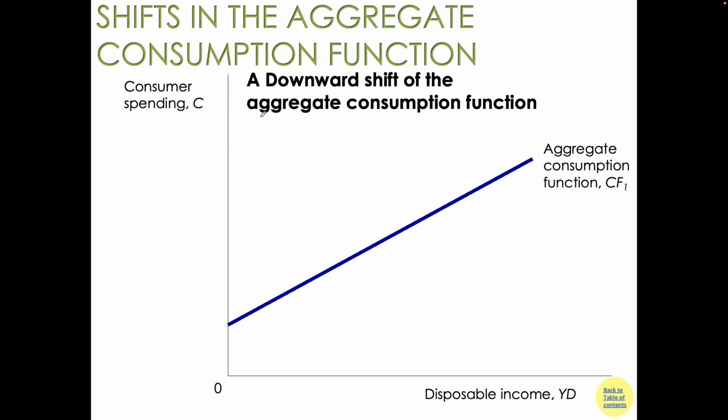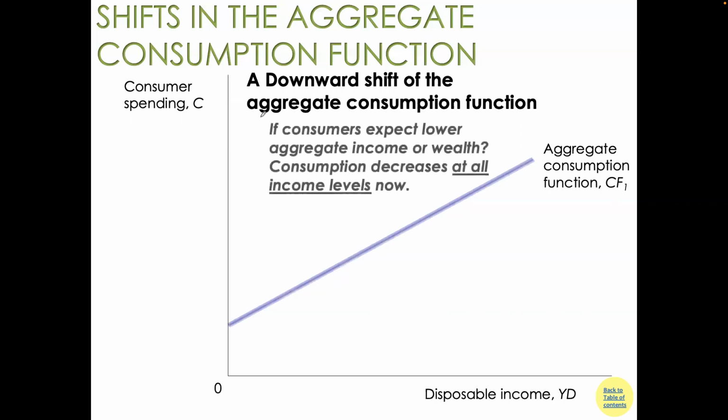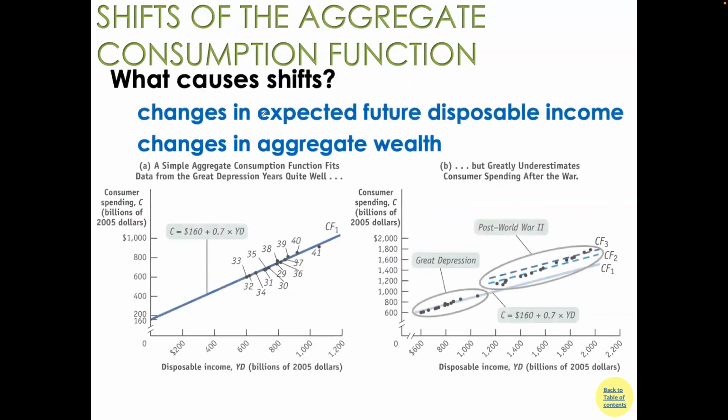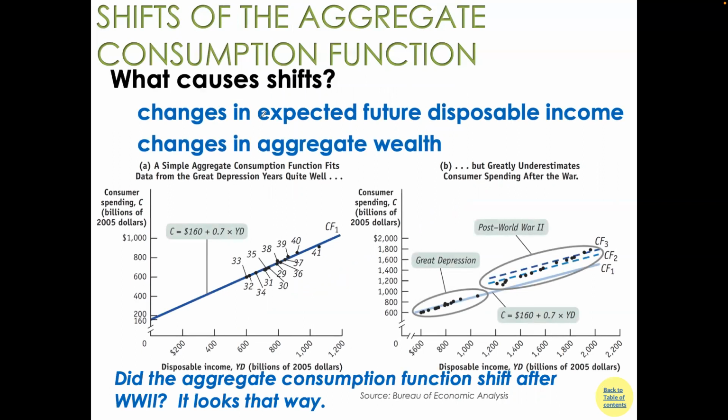Move up or move down? Move down, right? Because everyone becomes pessimistic, or you have less wealth to spend. So this is what I call the curve shifting up and shifting down.